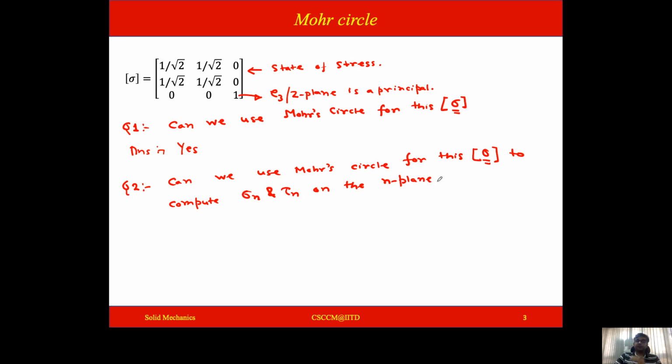So can we use it? The answer to this question is yes, if n3 is equal to 0.